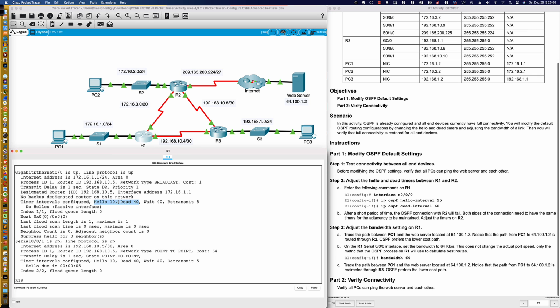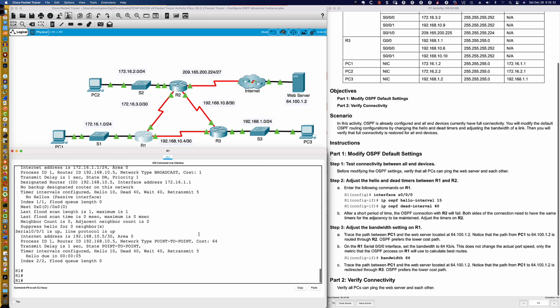In cases where you're okay with this, you typically leave it with the values that are set. Again, I was told a long time ago that there's a reason Cisco set default values to be the defaults, and it's because Cisco is pretty smart about Cisco, right? So for you to get in there and start mucking around with the default values, you better have a very good reason to do that.